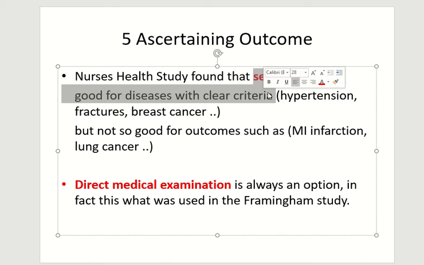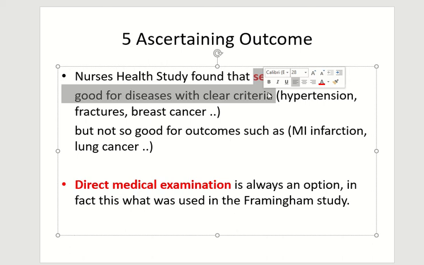But it's not very good for outcomes that are not easily identified, like myocardial infarction. Here they even put lung cancer as an example. I don't know why, breast cancer is an easy one to identify versus lung cancer. But anyway, the point being, you can rely on self-report most of the time, unless the outcome is tricky. If it's tricky, then you better do some testing.